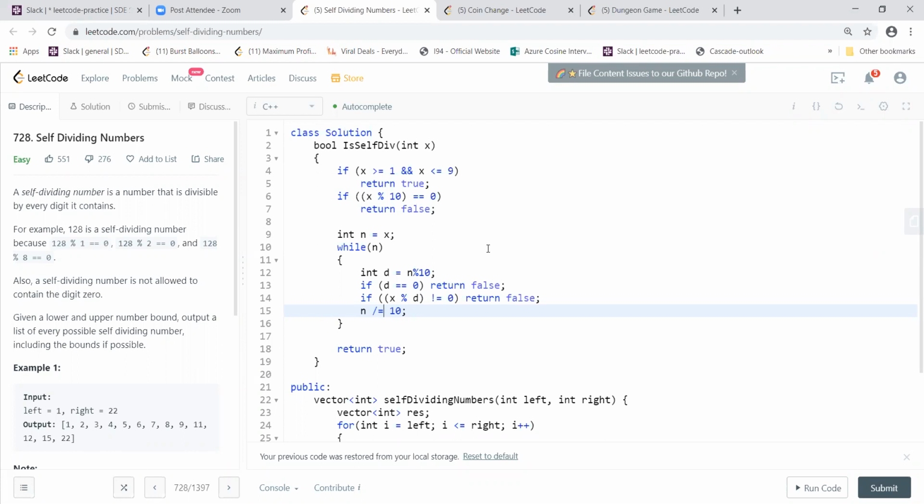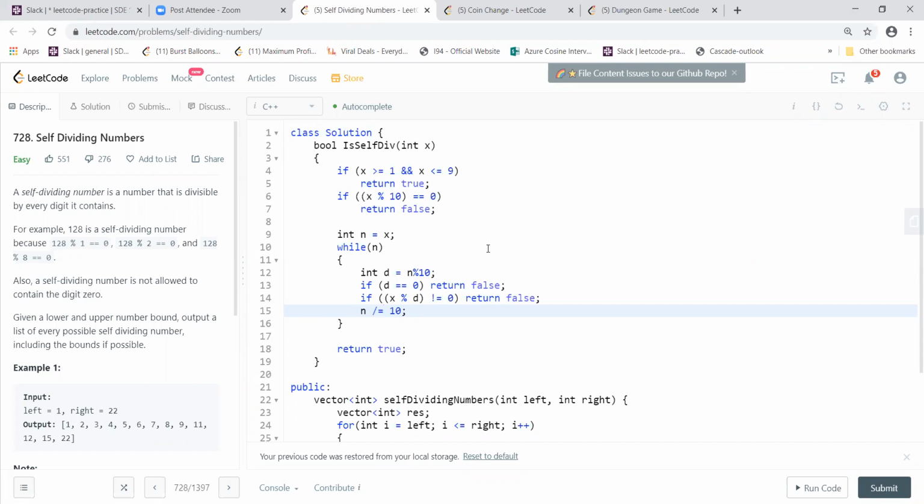So 10 raised to the power k. I think the log of k is coming from here, just a guess. Okay, makes sense. Since you're dividing, it will be log, right? Log of base 2? Base 10, I think, because we are dividing by 10. Yeah, sorry, this is base 10. Had it been dividing 4 by 2, it would be base 2.